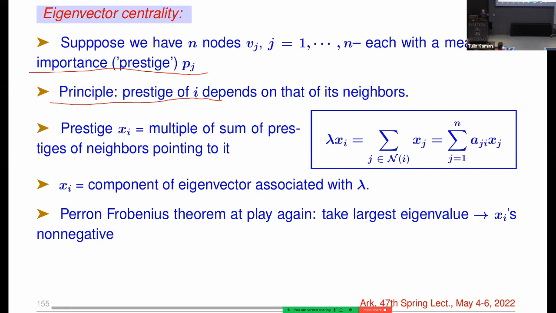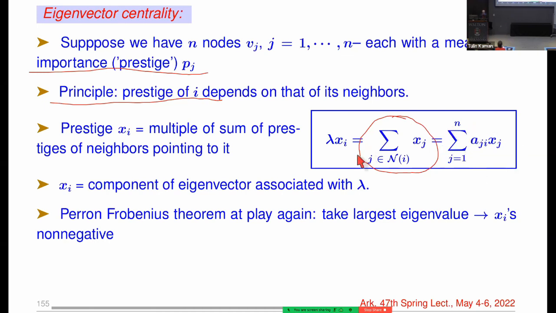So you have i and the neighbors, and you take the sum of the x_j's, some multiple of the prestige of the neighbors, which has to be equal to x_i with a certain scalar. So it's proportional to x_i, the prestige of x_i. So the prestige of x_i is proportional to a combination of the prestige of my neighbors.